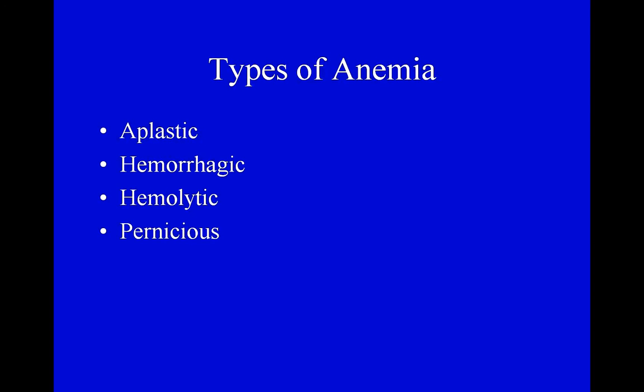Pernicious anemia might be seen in patients who are anorexic or bulimic. So if I'm always throwing my food up and I never let my body break it down and absorb those nutrients, I could end up with pernicious anemia, a low red blood cell count because of that. If I have Crohn's disease or irritable bowel disease where maybe I eat and then I just have diarrhea all the time, my food is not staying in my intestines long enough to be absorbed.